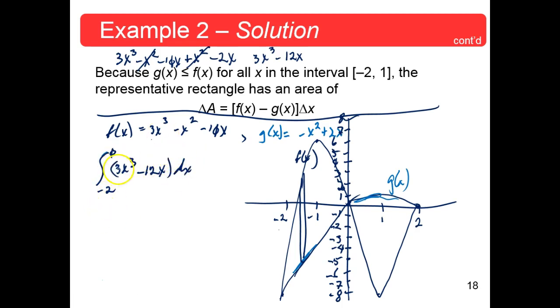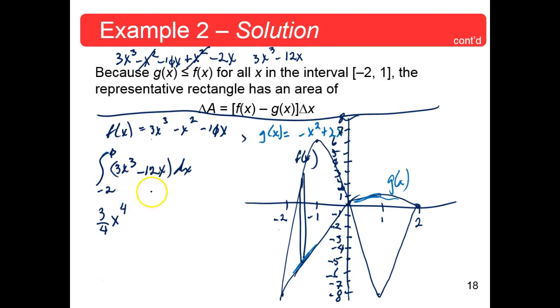You tell me the antiderivative of 3x cubed. 3 over 4 x to the 4th. I couldn't tell if you said it or not.